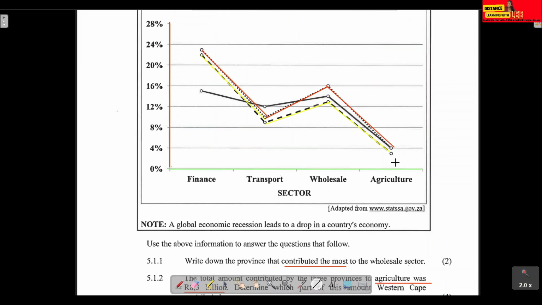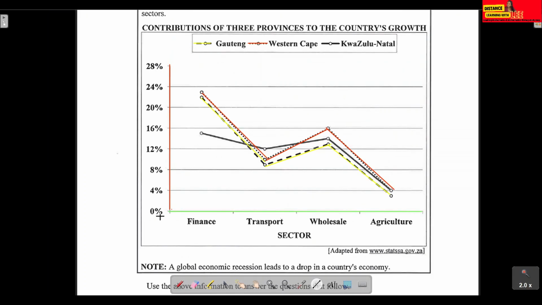So let's have a look at what is happening with agriculture. We see that the yellow province, which is Gauteng, contributed approximately 3%. Then the red province, which is the Western Cape, contributed 4%. And KwaZulu-Natal contributed 4% as well.